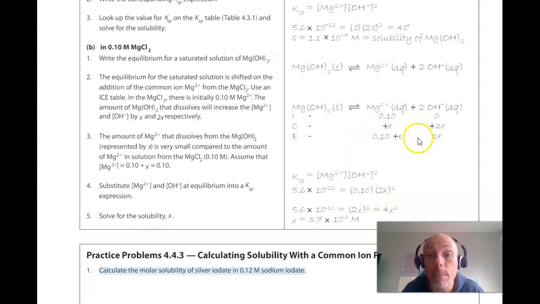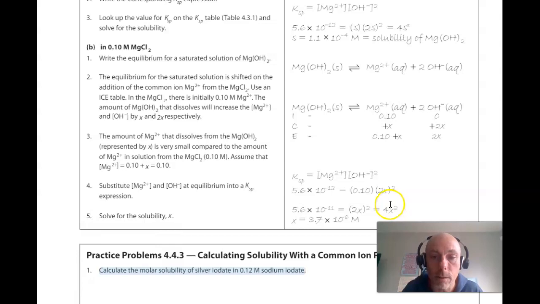You could have kept it at 0.1 plus x and solved this, but it becomes more difficult and requires the use of a quadratic, which in this class you aren't expected to have to use. So take the shortcut. 0.1 plus x is, for all intents and purposes, 0.1. Hydroxide is still 2x, so that becomes 4x squared.